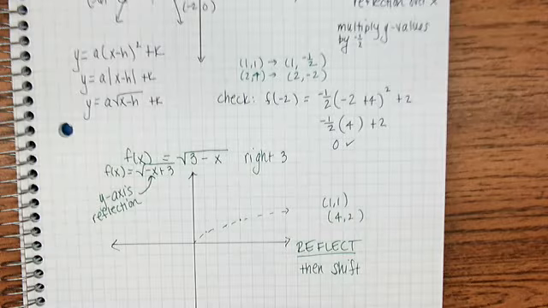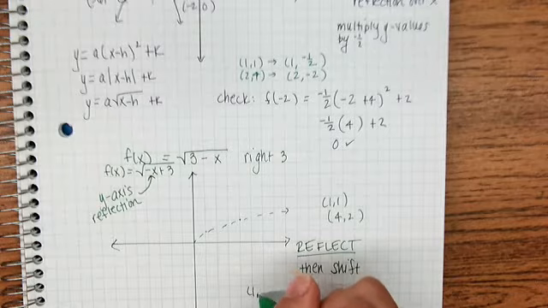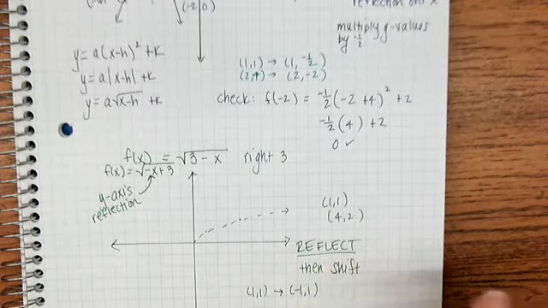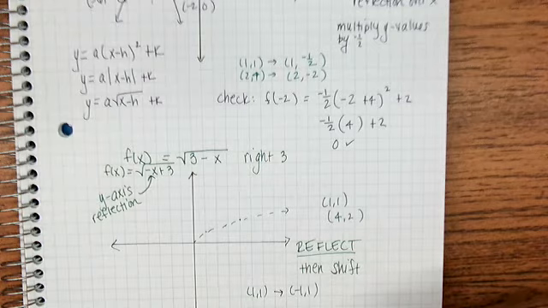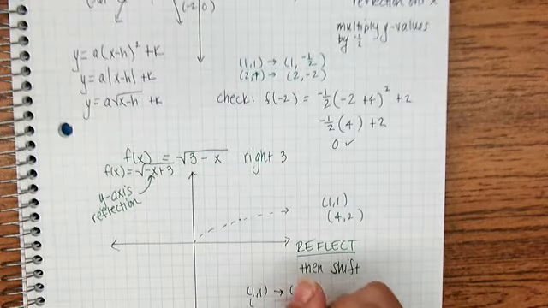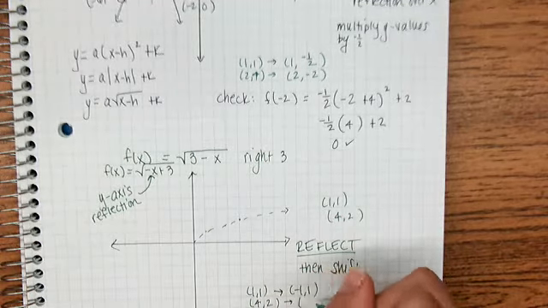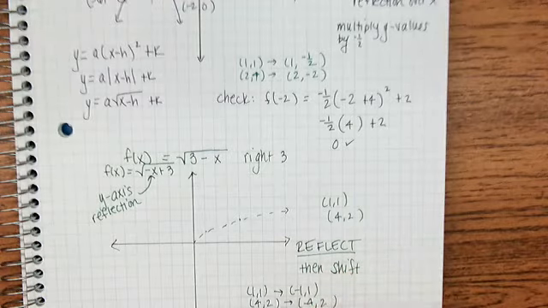So when I reflect 1, 1, that becomes negative 1, 1. When I reflect 4, 2, that becomes negative 4, 2.